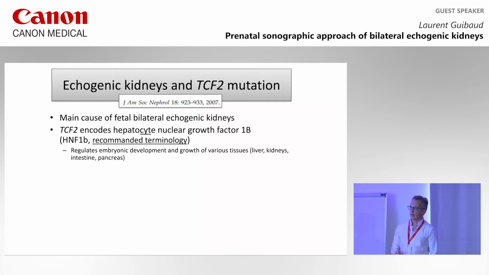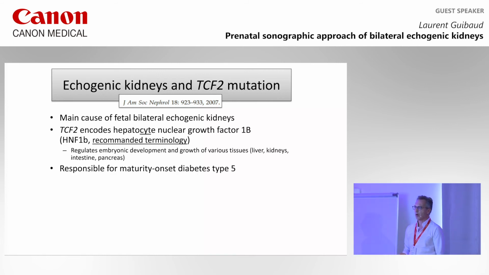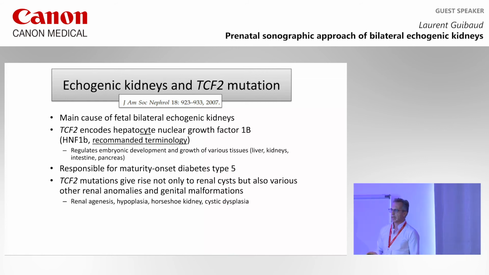more than TCF2 mutation. And it regulates development and growth of various tissues: liver, kidneys, intestine, pancreas. It's responsible for maturity onset diabetes of the young type 5, and it gives rise to not only renal cysts, but also various other renal anomalies and genital malformations, ranging from agenesis, hypoplasia, horseshoe kidneys, cystic dysplasia.